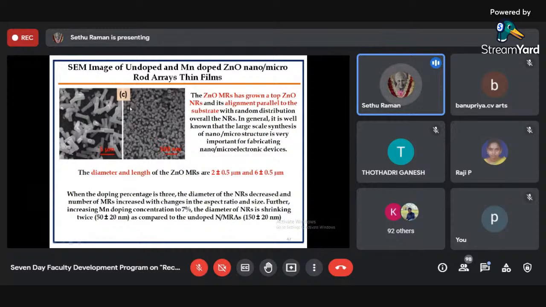This is the 3% doped sample. This is the 7% doped sample. See that the zinc oxide microrod is grown on top of the zinc oxide nanorods. The black portion is simply reflected. We have taken this image from the black portion. You see the beautiful, vertically standing zinc oxide nanorods.